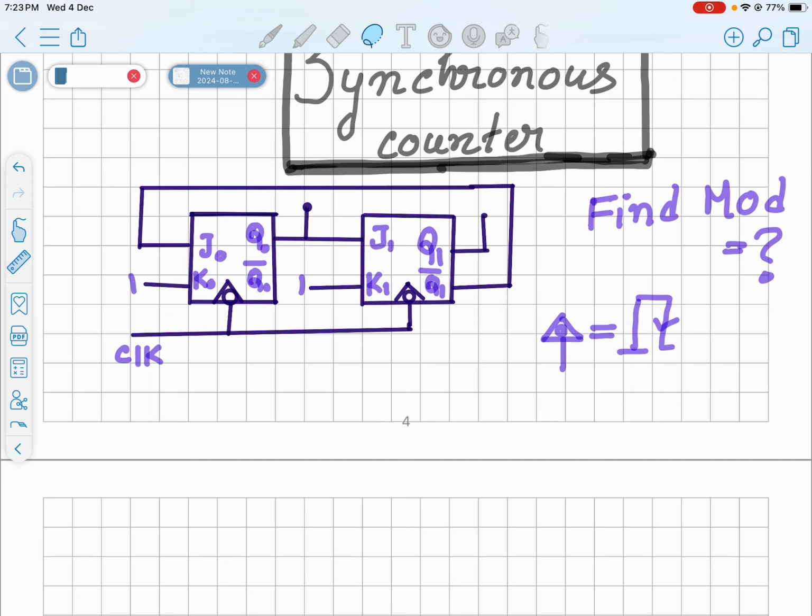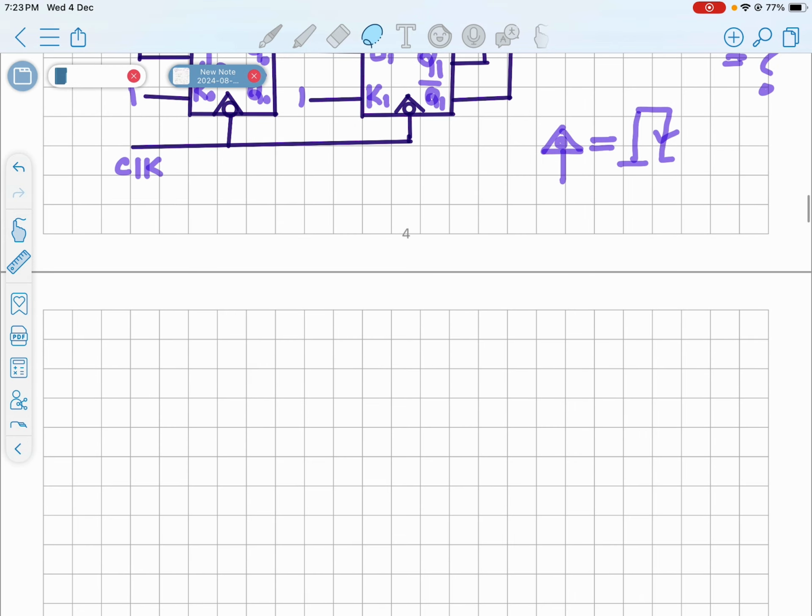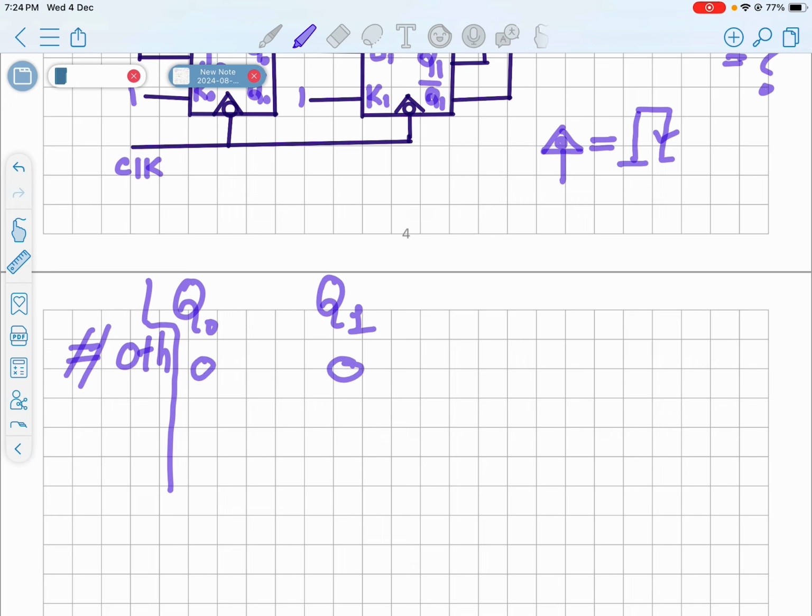First of all, as we have seen in the asynchronous counter also, the initial condition will be given, or it is as per your wish. So if we give the 0th clock pulse, let us see 0 0, and this is the initial condition.